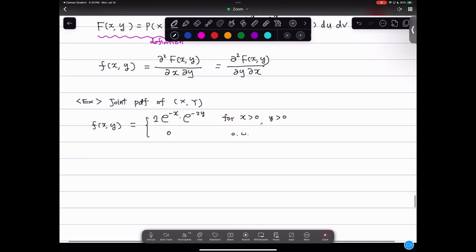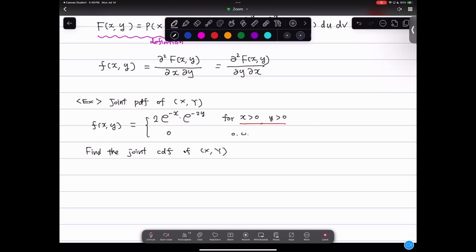So I want to find the joint CDF. All right, so you have to imagine the support of this distribution. So x positive, y positive, and you have this joint PDF.